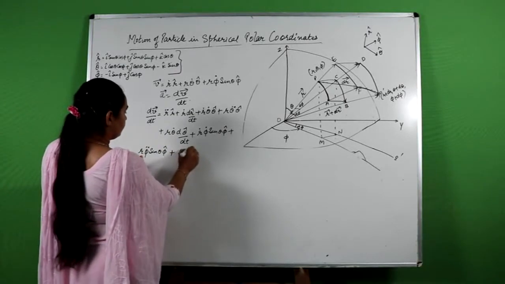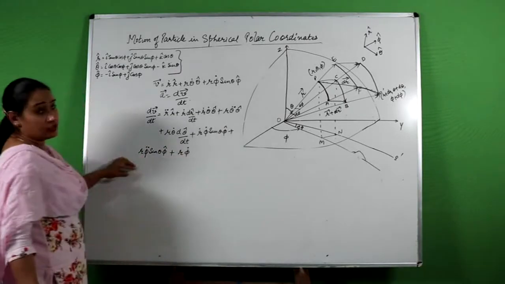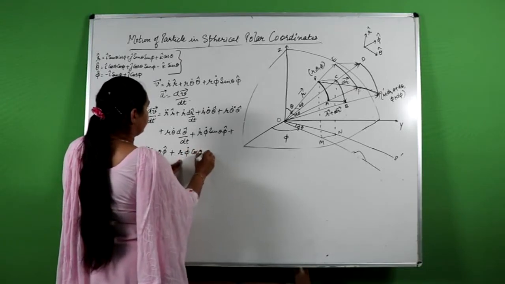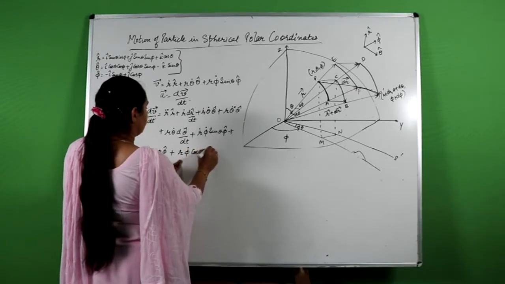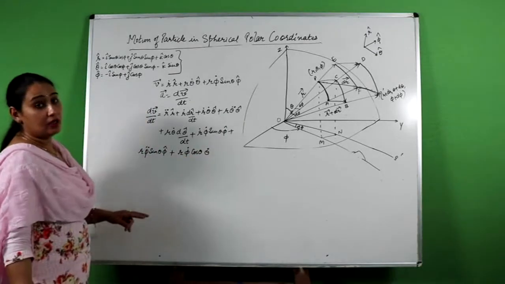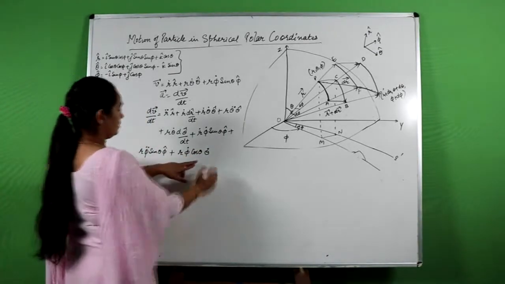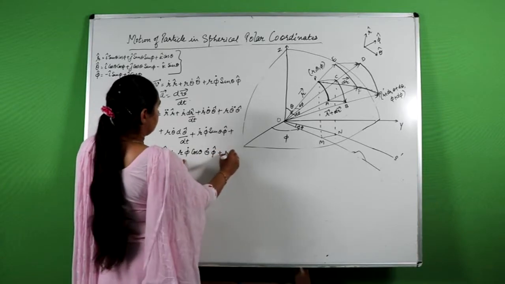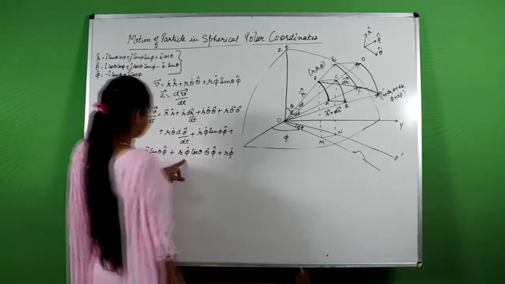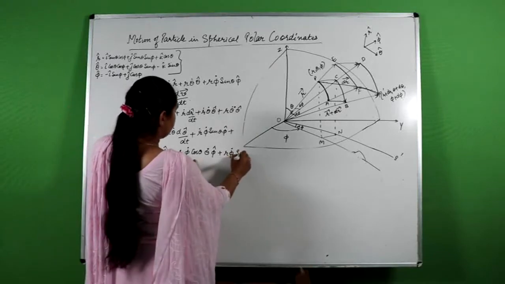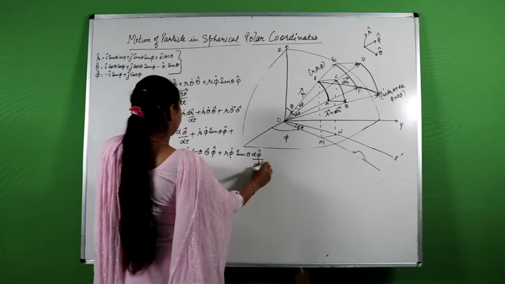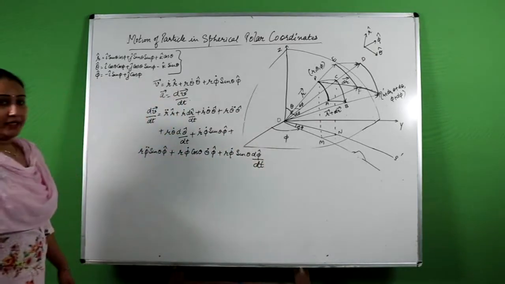plus r phi dot differentiation of sin theta, that is cos theta d theta by dt. It means an additional theta dot will come here, into phi cap, plus r phi dot sin theta d phi cap by dt.